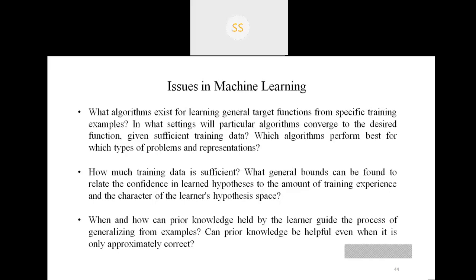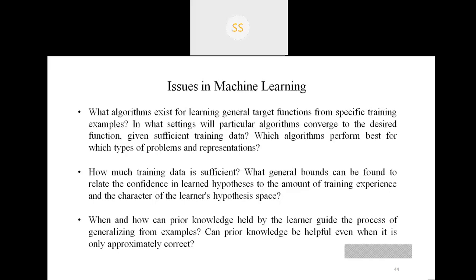What general bounds can be found to relate the confidence of the learned hypothesis to the amount of training experience and the character of the learner's hypothesis space? So you have to decide what kind of data you are using, and what the level of confidence of the learned hypothesis is, and when and how prior knowledge held by the learner can guide the process of generalizing from examples.